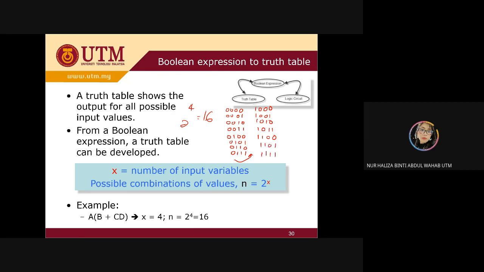So altogether you have 16 from 0 to 15. This is 1111. If you convert binary to decimal, you will get 15.